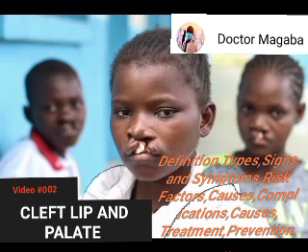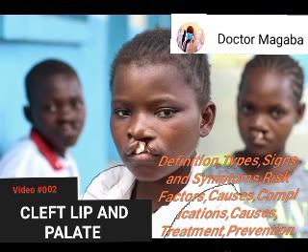That's how it stands. And then the other risk factor is the family history. Individuals who have a family history of cleft lip and palate are at a high risk of developing it. The moment you have this in your family history, maybe somebody in your family has had it, you stand a high chance of getting it. The other risk factor is smoking.